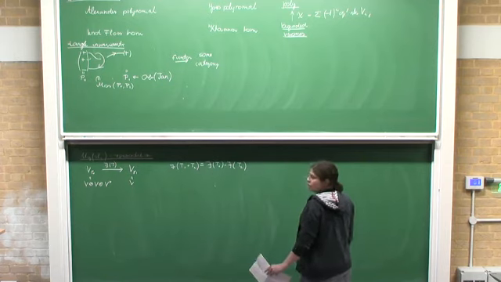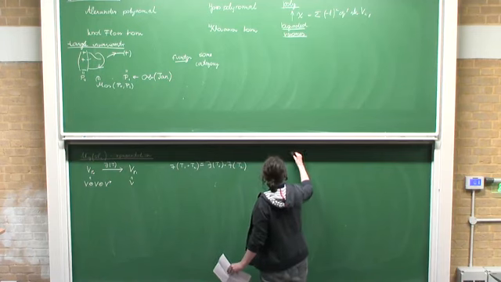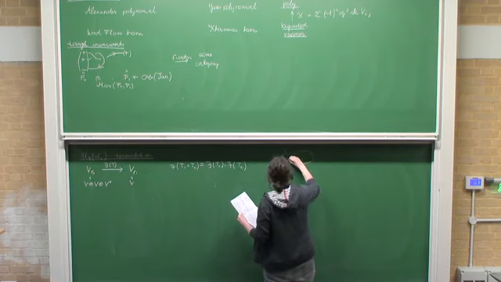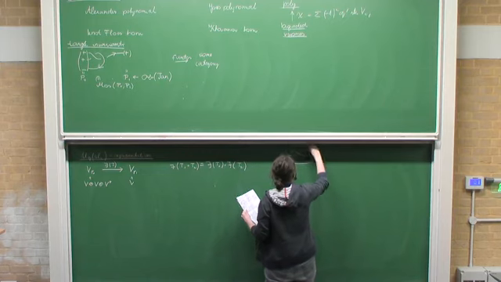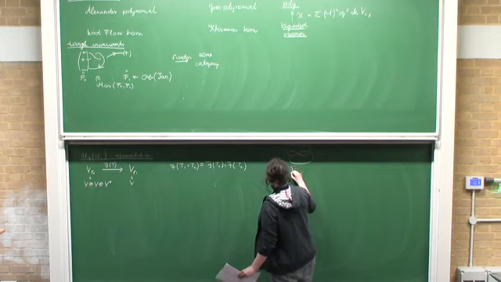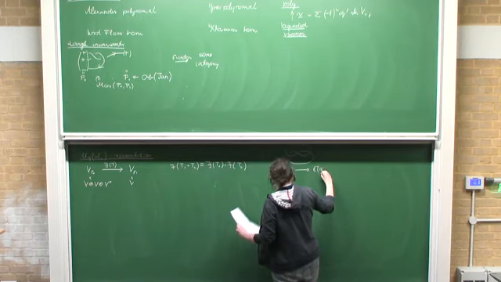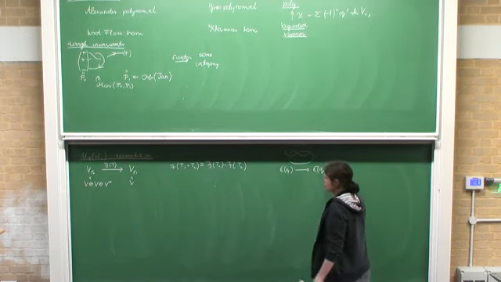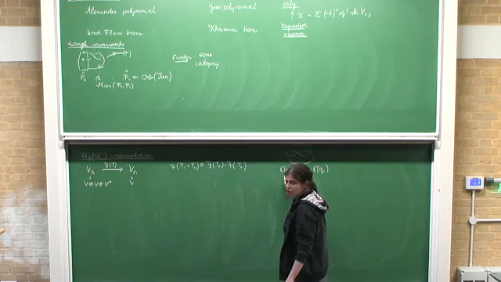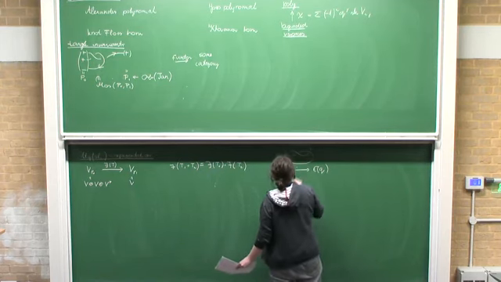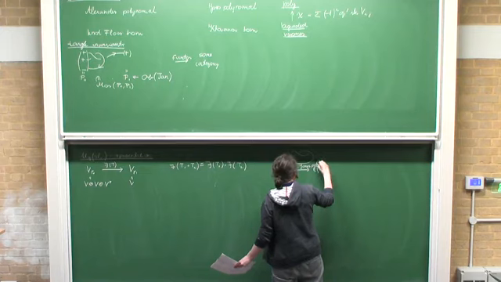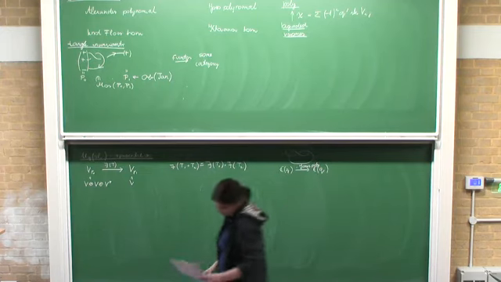And if you have a closed knot, so let me just draw you a closed knot. Okay, so if you have a closed knot, then this one is going from C(q) to C(q), and then by Schur's lemma, this is going to be a multiplication by some constant in the field C(q). So that's just multiplying by the Jones polynomial. So this is how you recover the Jones polynomial from the Reshetikhin-Turaev invariant.